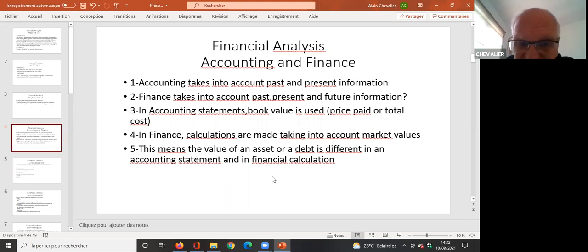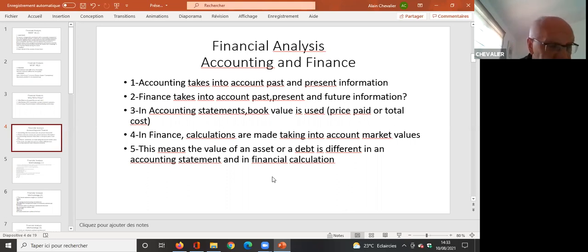In finance, point 4, calculations are made when it is possible, because in some cases it's not. In most of the cases, I would say, it is based on market values. Okay, market value is a central reference.